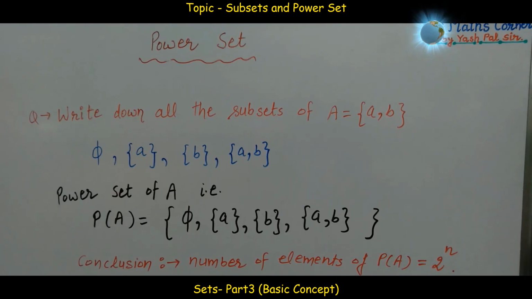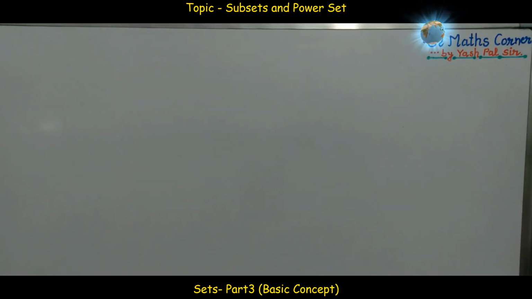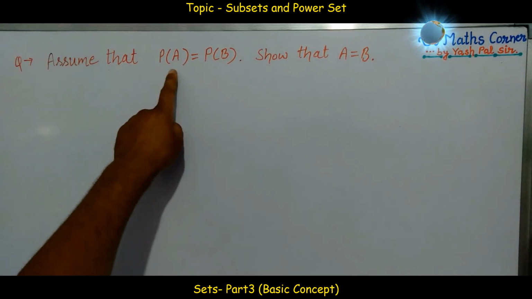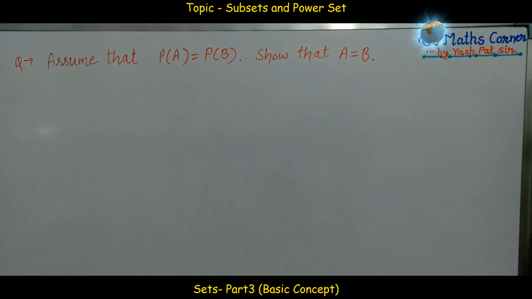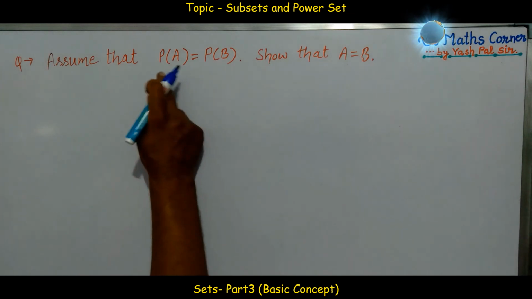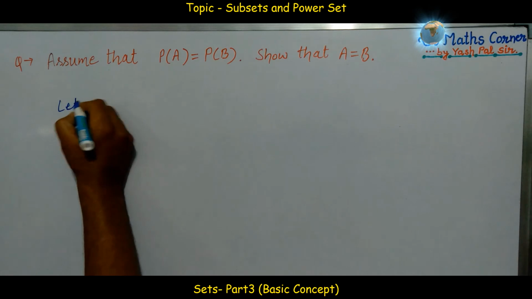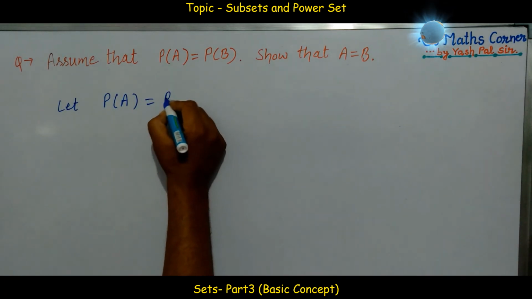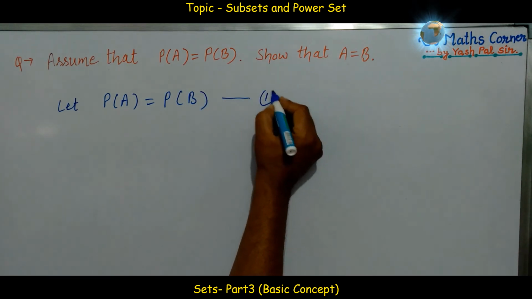One very important question based on power set is: assume that power set of A is equal to power set of B. Show that A is equal to B. These two sets are equal. Here we start from the left hand side. Assumption: let power set of A be equal to power set of B, and suppose this is number 1.